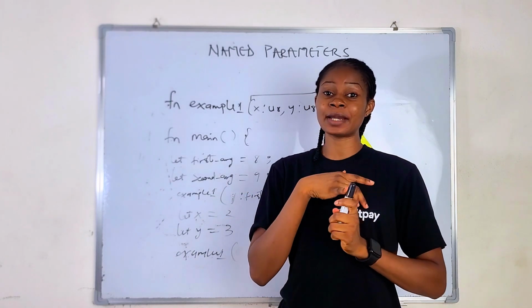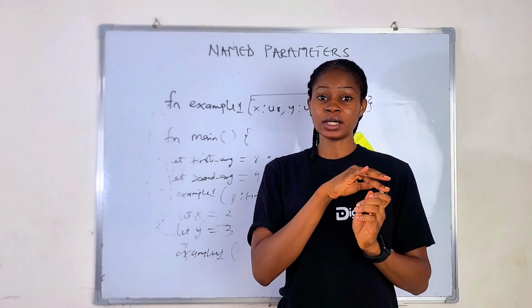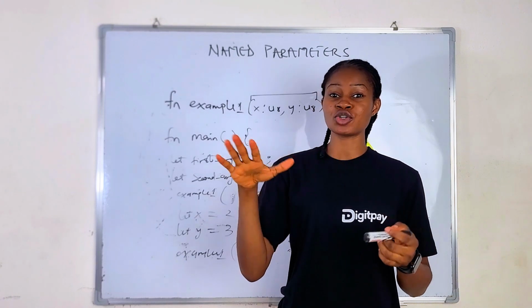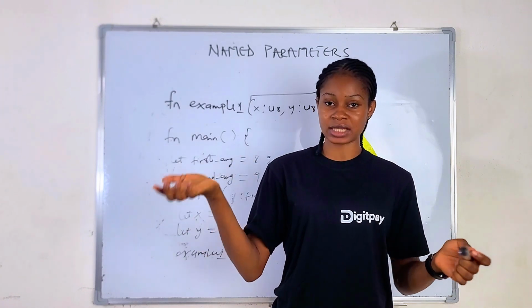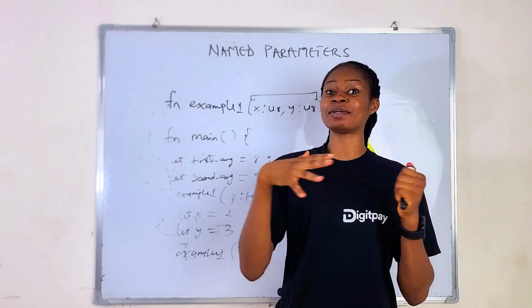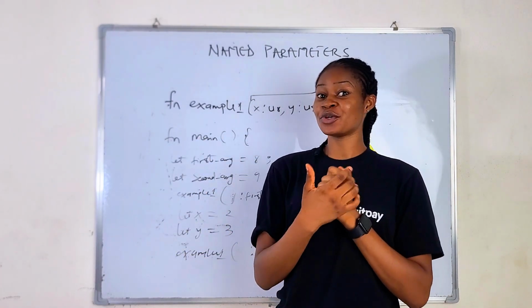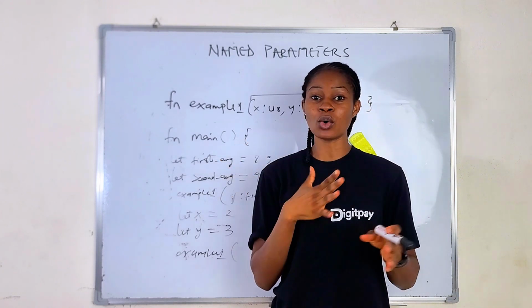One, when calling libraries and external functions. Two, it is self-documenting. Three, when calling a function that has so many parameters, it comes in handy. And also when calling functions that have similar types, right? So named parameters is a cool thing and it's something you should consider using in your code.